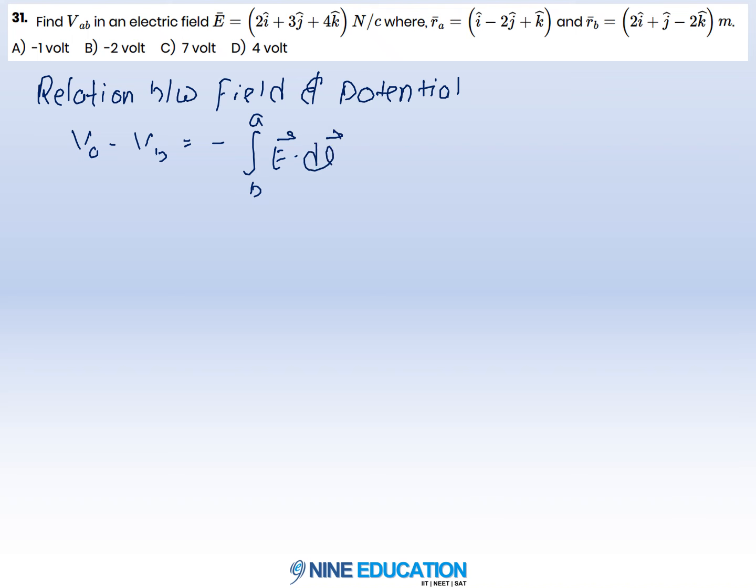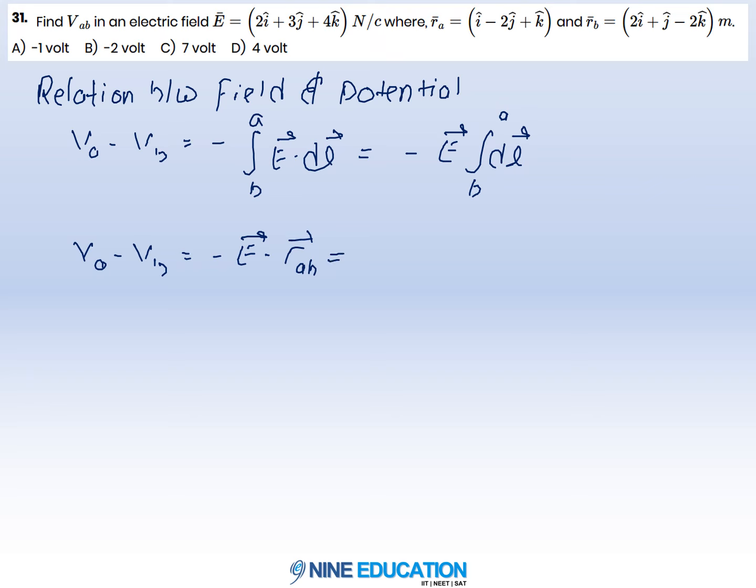Since this is a uniform field, we can write E times the integral from B to A of dl, and this will give the vector VA minus VB equals minus E dot R AB.